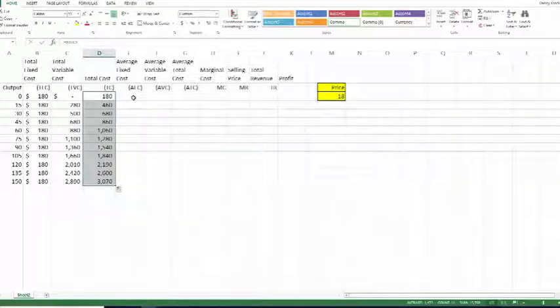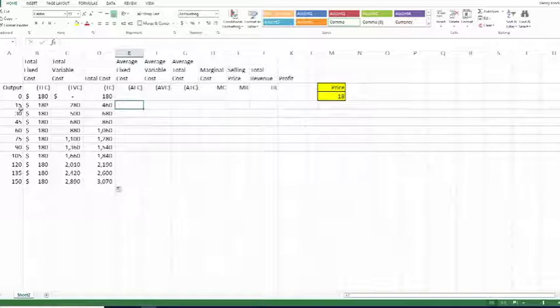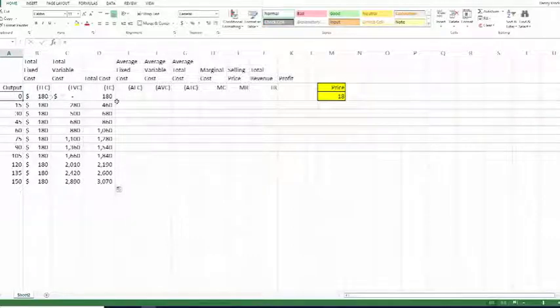So the average fixed cost. The average is going to be the fixed cost at a certain point divided by the output, right? So I don't want to do it in this row 3 because I don't want to divide the 180 by the 0 output, because then I'll get the famous error, not applicable. You can't divide something by nothing.